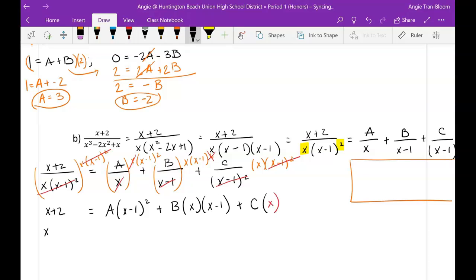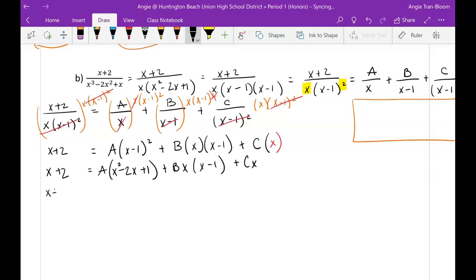So let's distribute. Okay, so a times x squared minus 2x plus 1 plus bx times x minus 1 plus cx. Distribute some more. x plus 2 equals ax squared minus 2xa plus a plus bx squared minus bx plus cx.